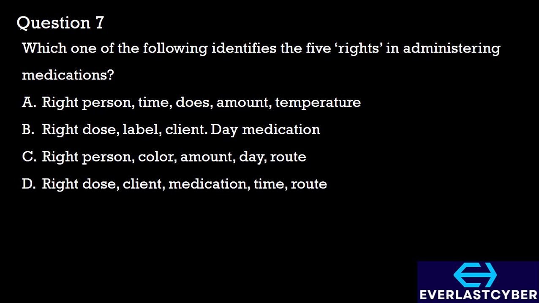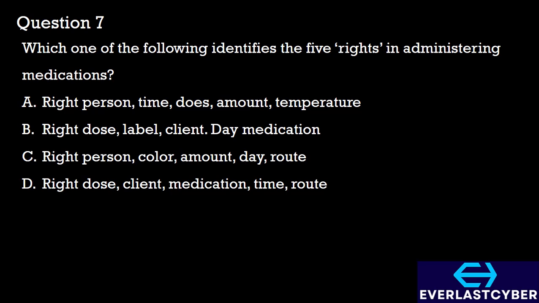This includes, first of all, the right client, so you have to verify the identity of the client. Secondly, right medication. You ensure that the medication matches the prescription. Thirdly, right dose. You have to confirm the correct amount to administer. Fourthly, right time.